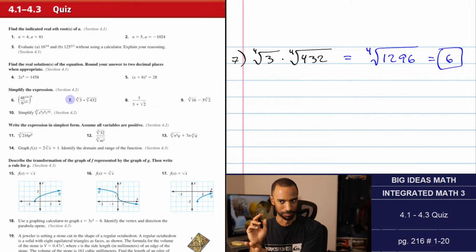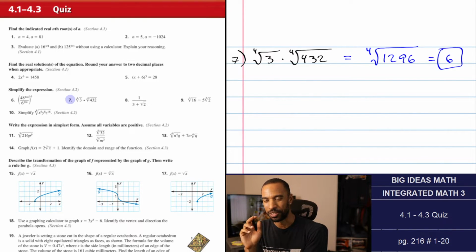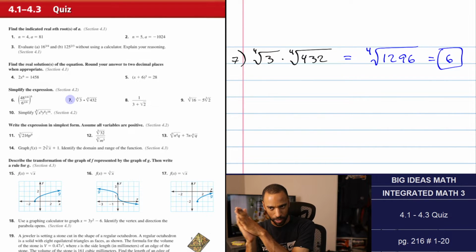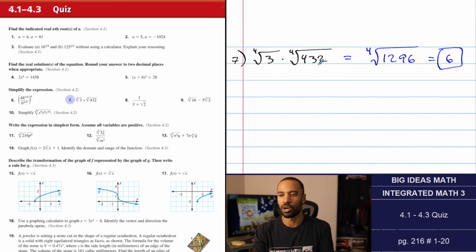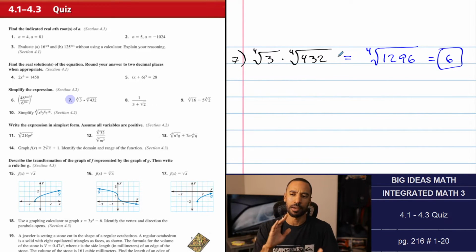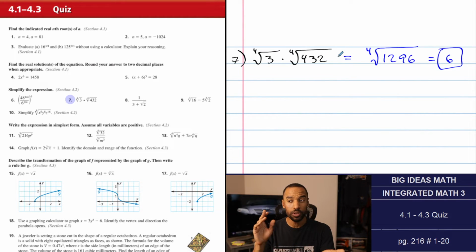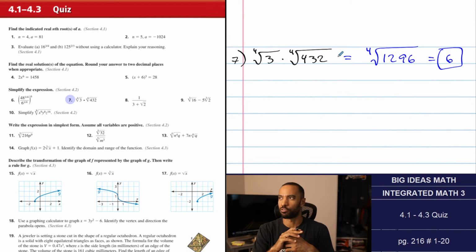Now, 3 is not a perfect fourth power value, but there should be a smaller one within 432 that we can use. It's still a bigger number, so I don't actually know what it is. We could break it down in certain ways. If you divide it by 2, you get 216. If you divide it by... oh, that's not a perfect fourth power value, though.